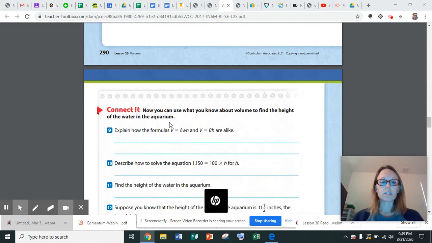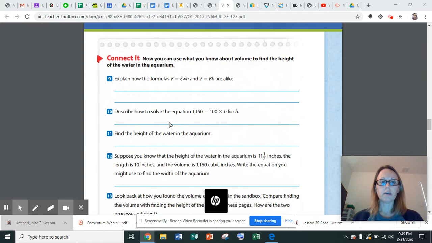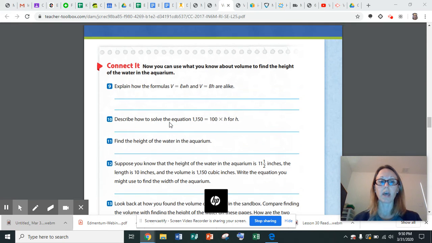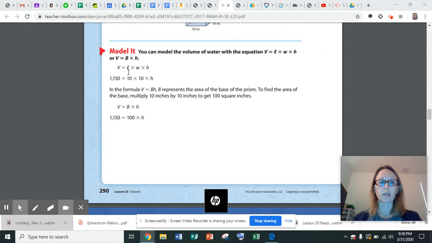All right, so let's look at number 9. It says, explain how the formulas volume equals length times width times height and volume equals base times height are alike. Well, we just talked about that in this problem right here. The reason why they're the same is because volume equals length times width times height is, the volume is 1,150, which equals 10 times 10 times height.